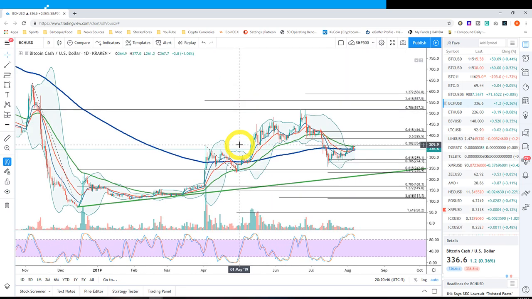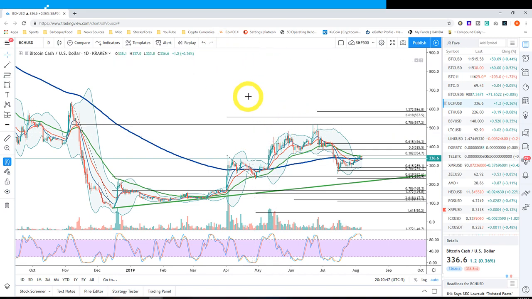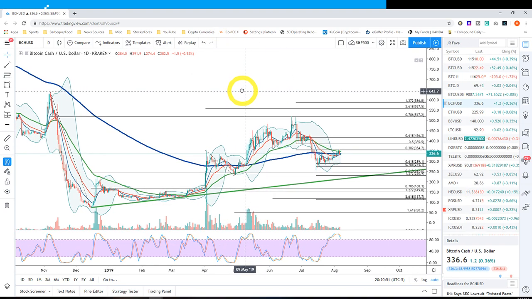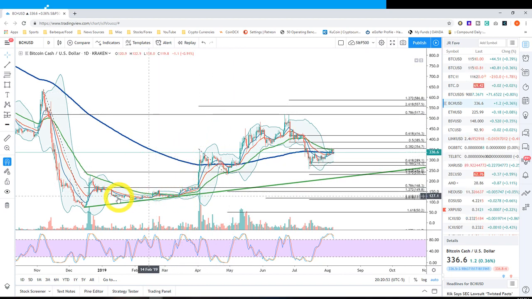Yeah, true that. True that. I'm going back and looking at this and I'm seeing higher high, higher high, higher high. It's got a ways to go before it can get another higher high going.